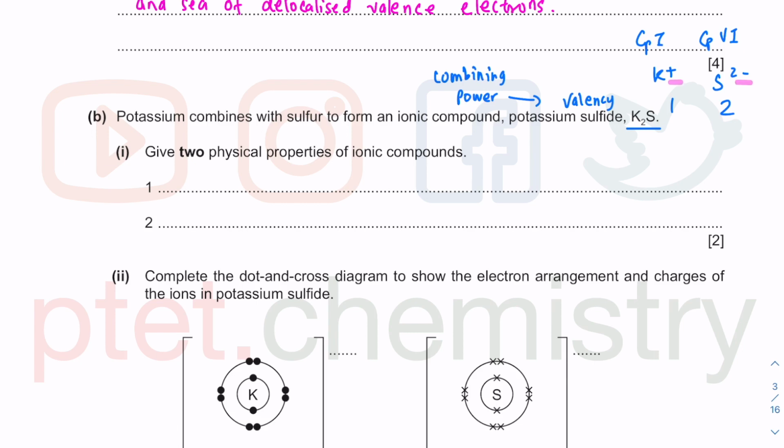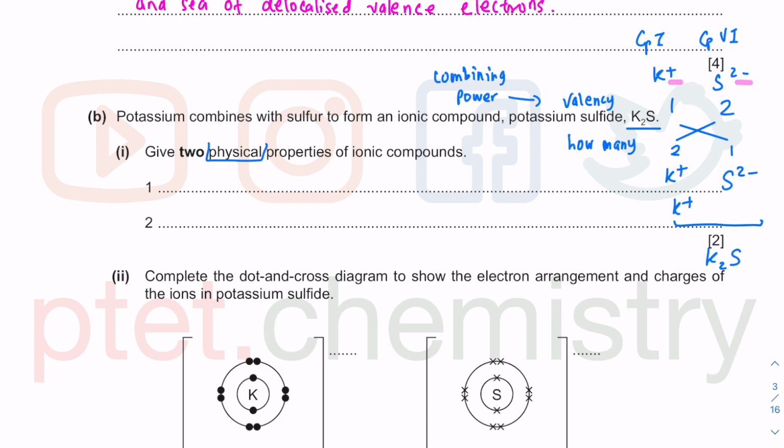Following the charges of the ions, take the value, and then you crisscross, as you do lowest common multiple, primary school mathematics. How many means how many of these things on the left. So you've got 2 K+ and you have 1 of the S2-. The chemical formula is 2 of the K and 1 of the S there.